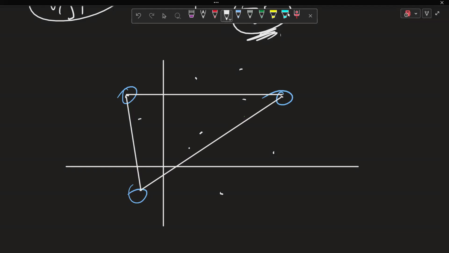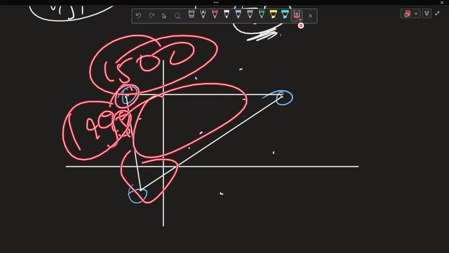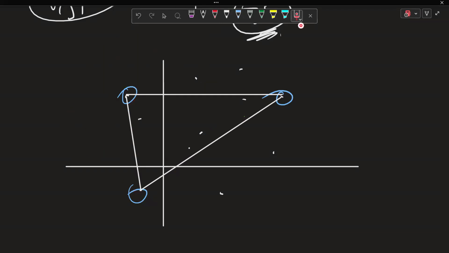Let's suppose apart from these 3 points, all the other 1497 points are inside this. That may happen in the worst case. Then it gave you the index of one such point. Let's say you got this point.